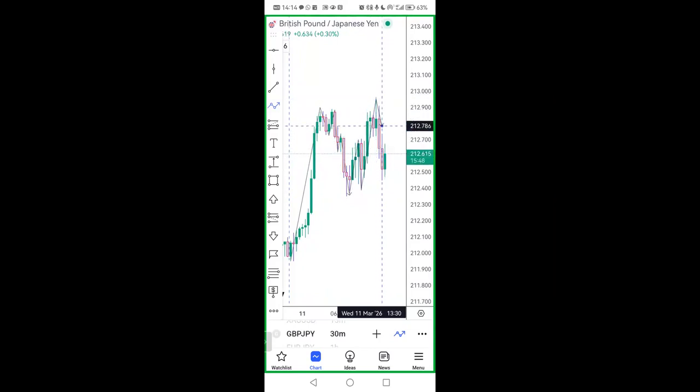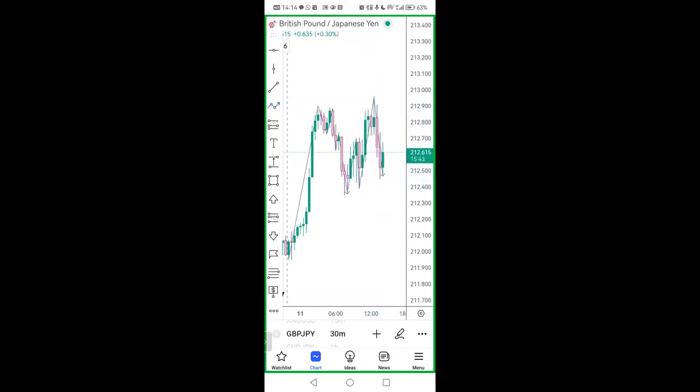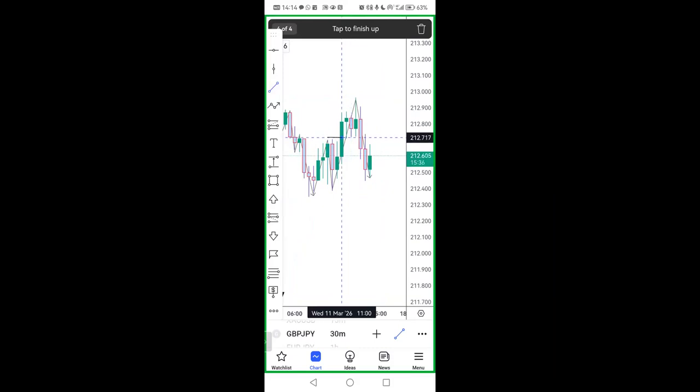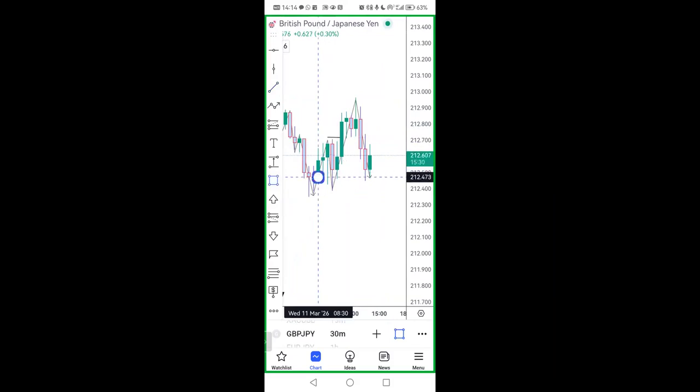Now, what has it done? It has pulled back deeply to that level, and right now it's trying to decide what to do. This is our last market structure shift here. As long as price does not break below these zones, we are good to see if price will continue going back up from here.